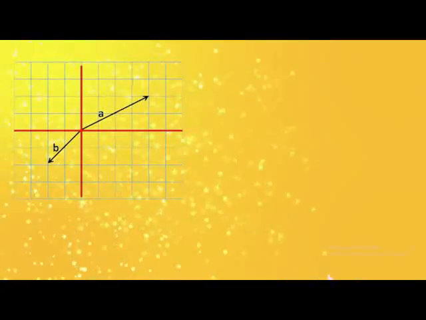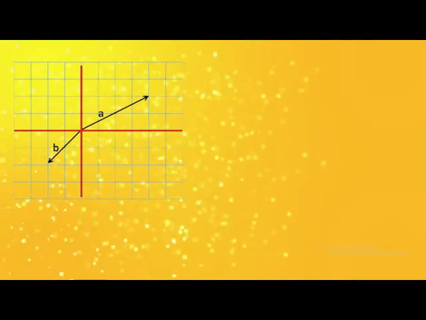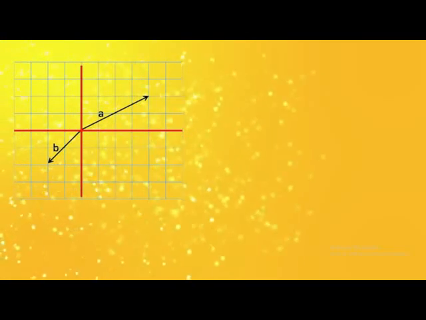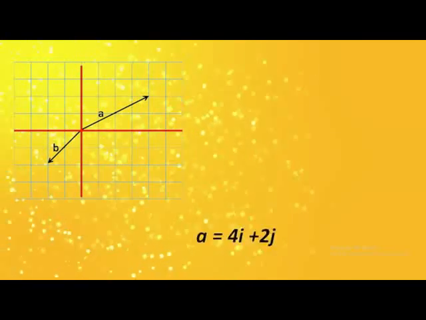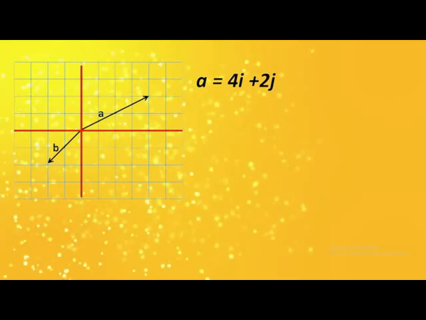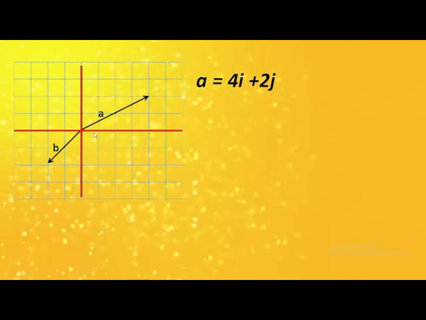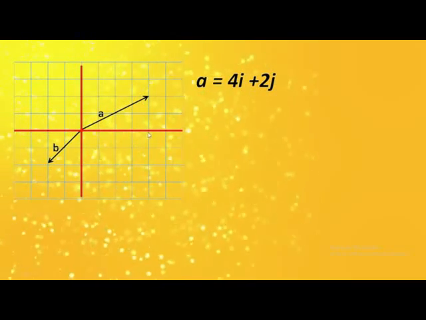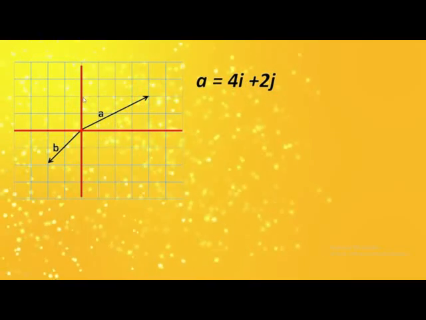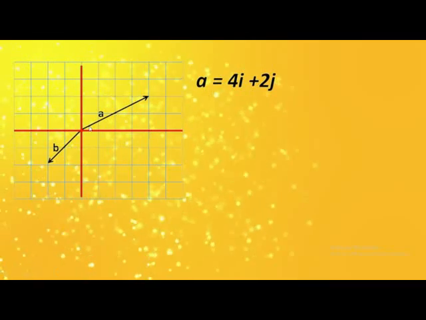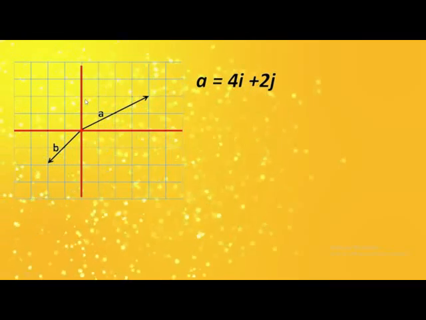We have learned about the components of vectors A and B before. As we have learned, the component form of A is 4i plus 2j, because A is 4 units to the right and 2 units upward. Right is positive, upward is also positive.